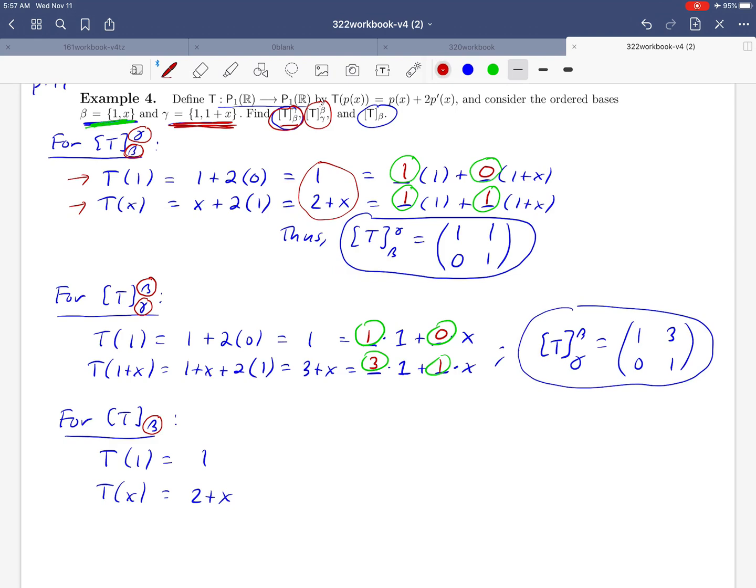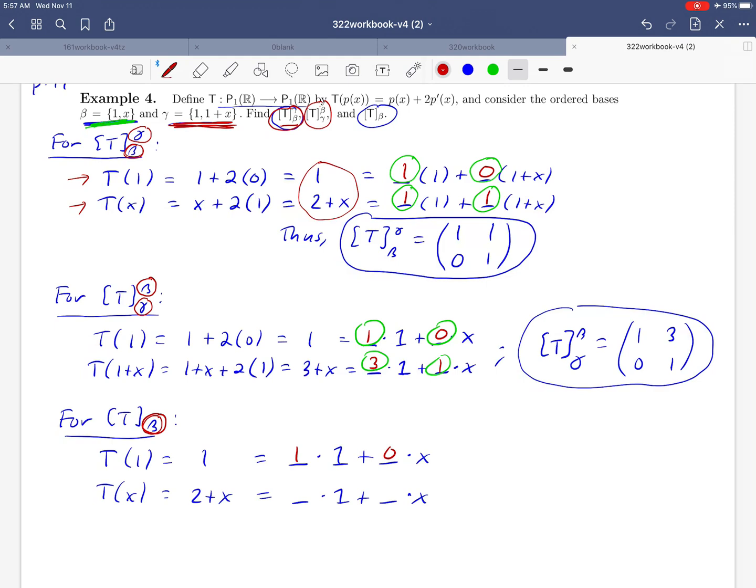And because we've only got one basis, beta, that's serving as our input and our output basis, we're just going to take those two outputs and write them as linear combinations of the same basis, beta. Okay, and again, because beta is the standard basis, not too difficult to figure out what needs to go in these blanks.